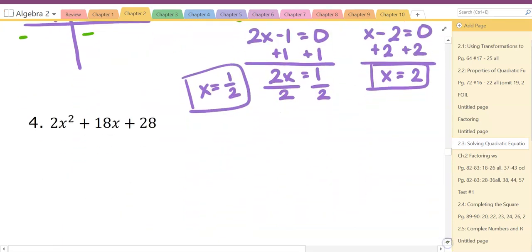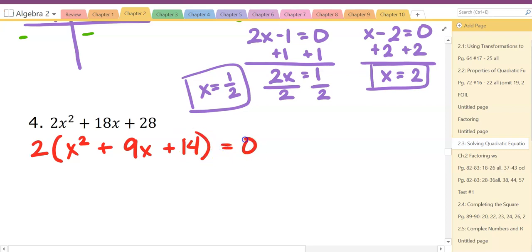For the last one here, before you guys jump to doing your A times C, can you take a look at those numbers, 2, 18, and 28? Is there anything that I could take out to start? I could take out the 2, can't I? Because they're all even. So let's do that and see what happens. Let's take a 2 out. If I take a 2 out, I'm going to be left with x squared plus what? 9x plus 14.